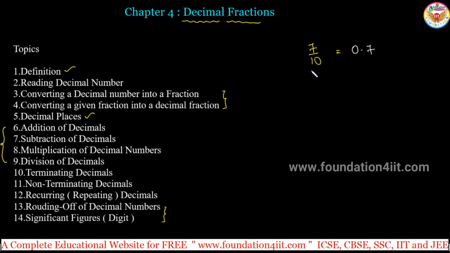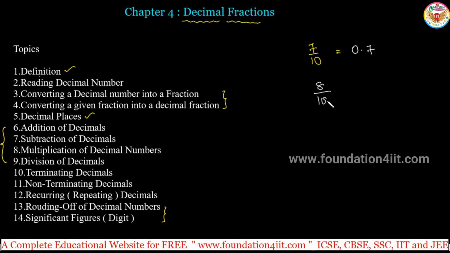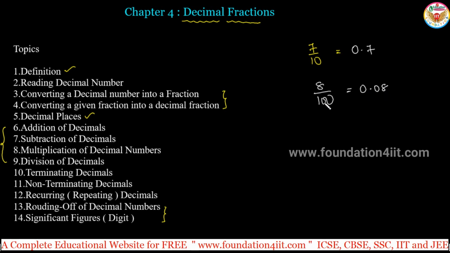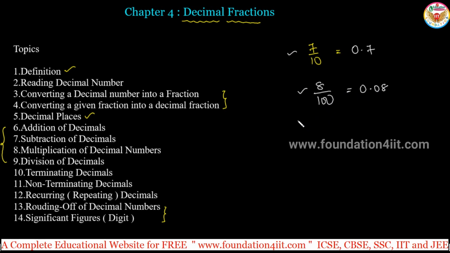Any fraction whose denominator can be expressed as 10 or some power of 10, not only 10, even 8 by 100, is 0.08, because after the point there are 2 decimal places for 2 zeros, 10 to the power 2. So 7 by 10 and 8 by 100 are all decimal fractions.